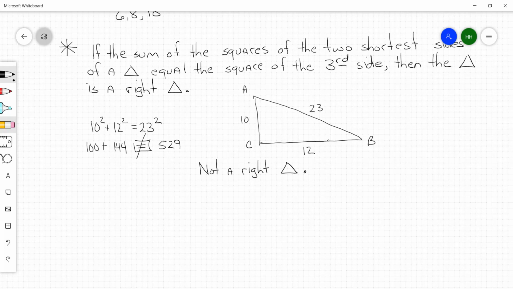Now, here's what you do need to know. This is how you can classify triangles using the Pythagorean theorem. If a squared plus b squared is greater than c squared, the triangle is acute.